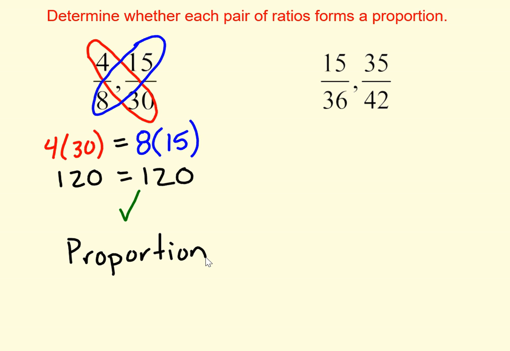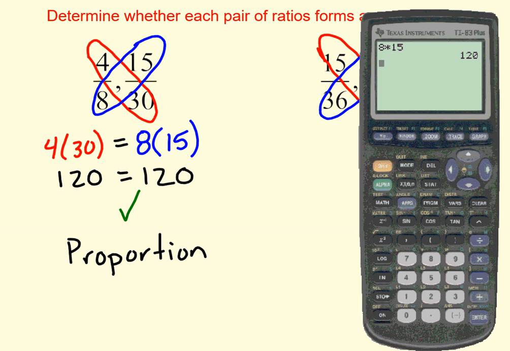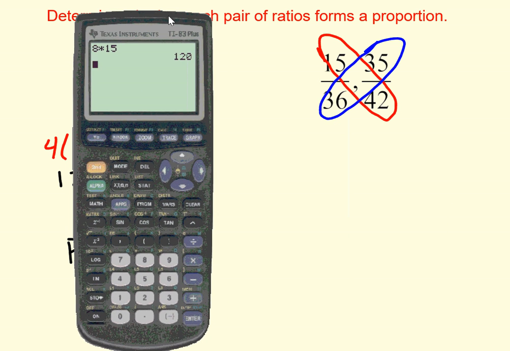Let's try it with our next problem here. So we do 15 times 42, and then we're going to go ahead and do 36 times 35. So this time, 15 times 42 equals 630.